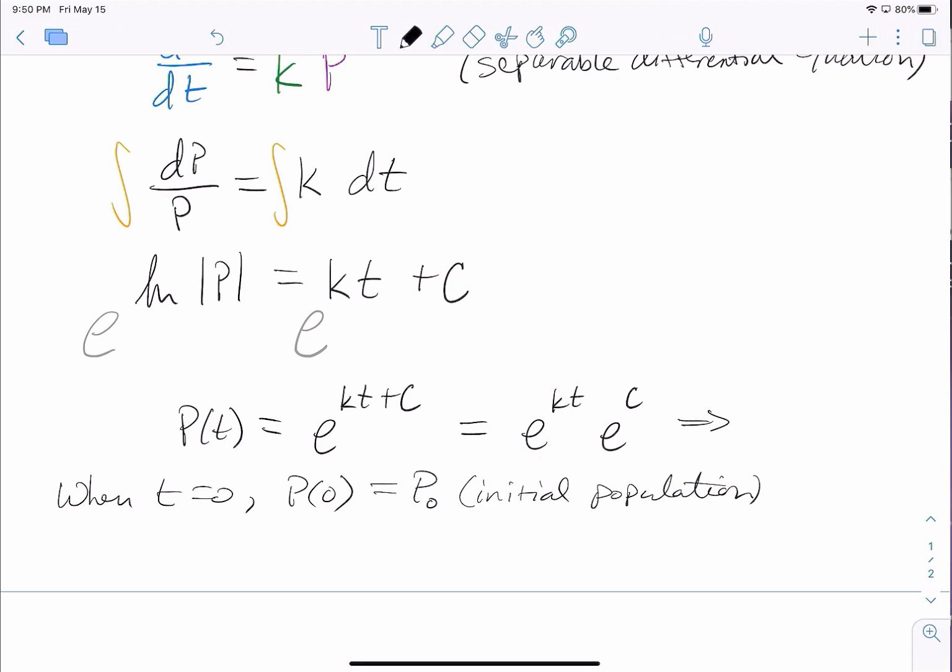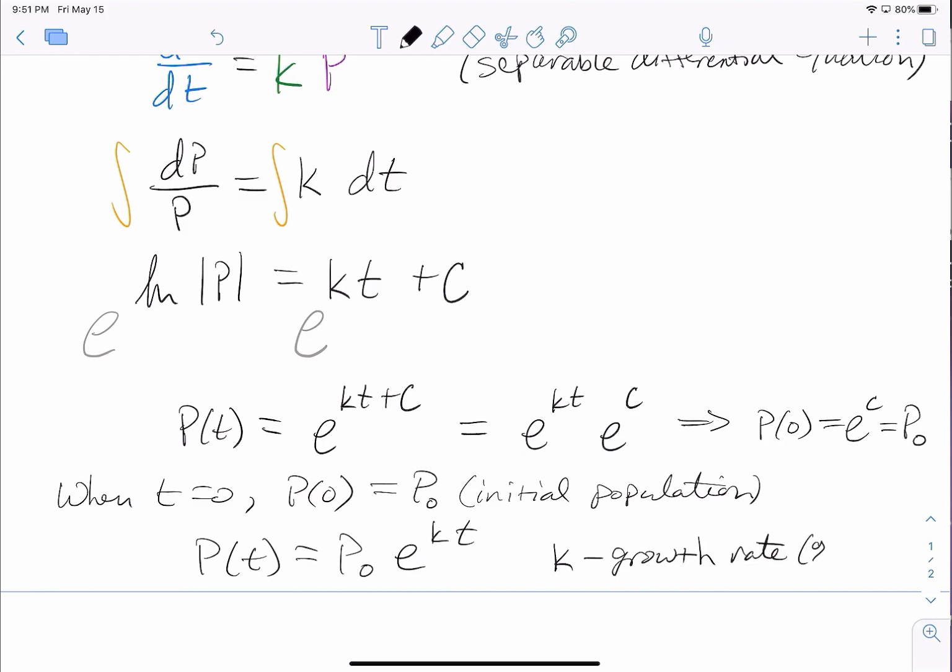That means that P of 0 is equal to e to the C. That's the thing we're going to call P sub 0. So we can finally say that P of t is equal to P sub 0 e to the kt. Whereas we said P sub 0 is the initial population, and k is the rate of growth, and it is a percent expressed as a decimal.